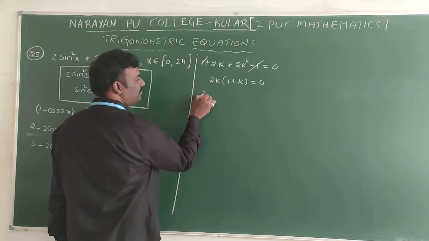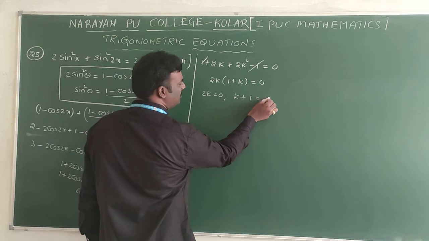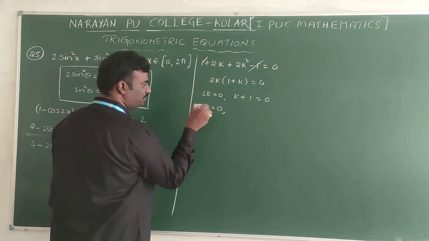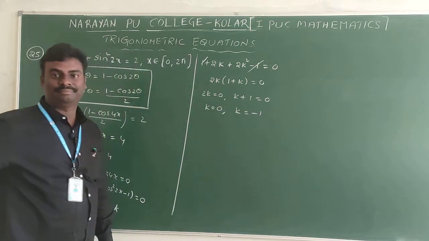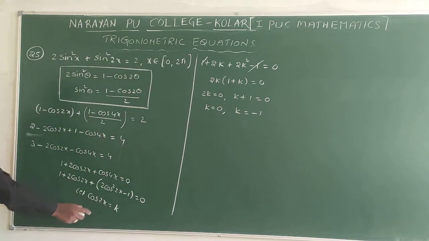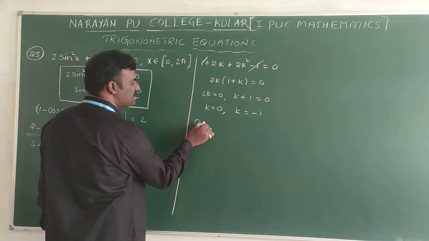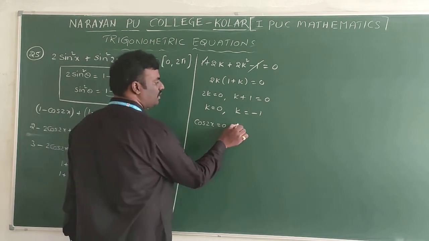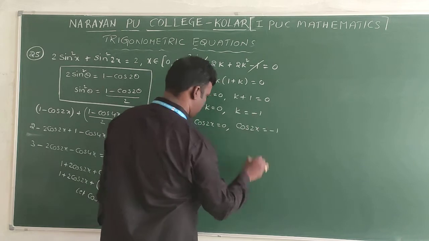From this, either the first one is 0 or the second one is 0. So k equals 0, or k equals minus 1. But what is k? Cos 2x. Cos 2x is equal to 0, or cos 2x is equal to minus 1.